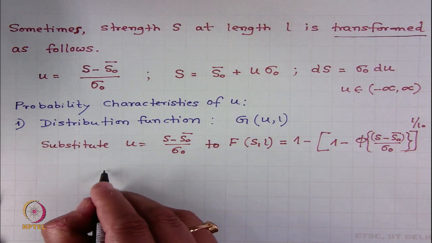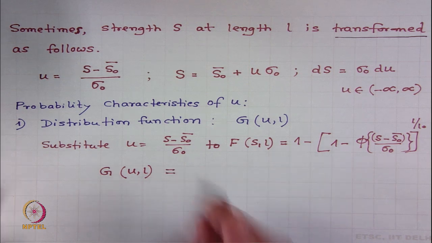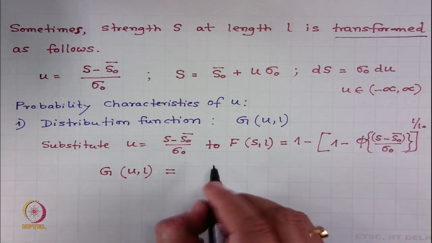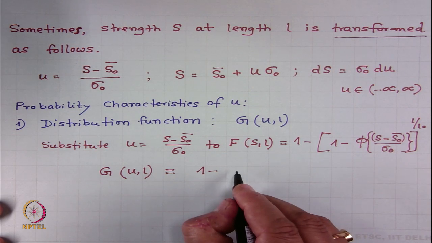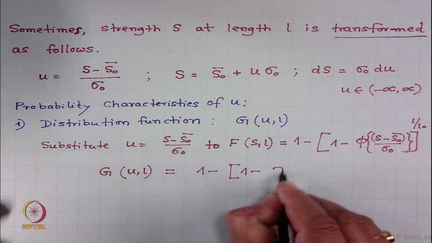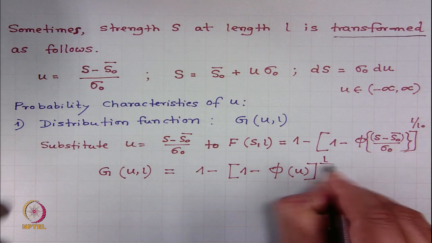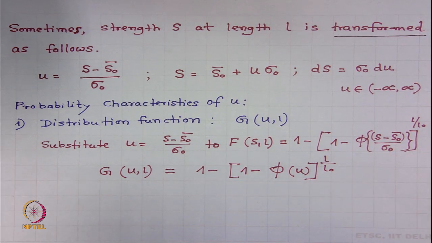Then we obtain G U L is equal to 1 minus uppercase phi U to the power L by L naught. Right. This is how we obtain the distribution function, and the second probability characteristic is the probability density function.